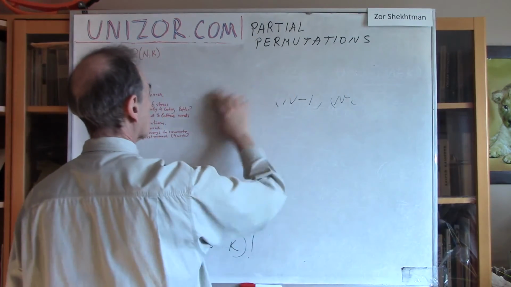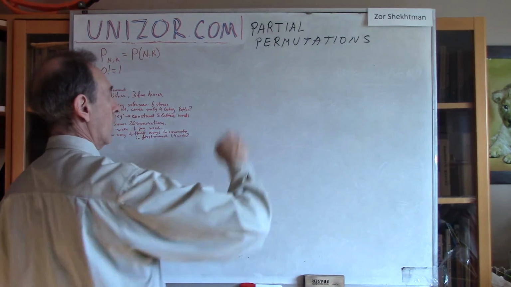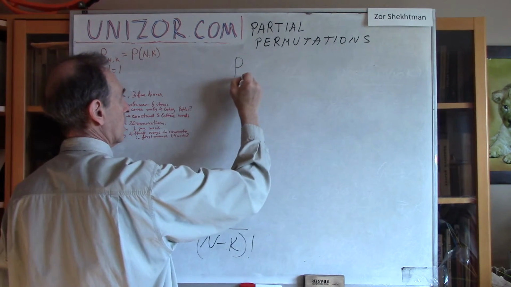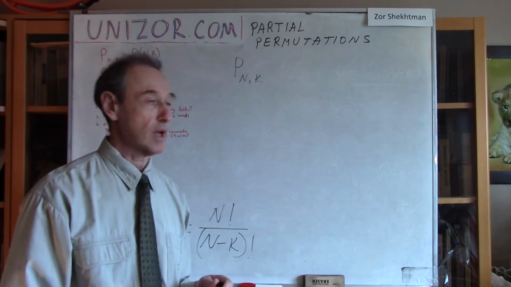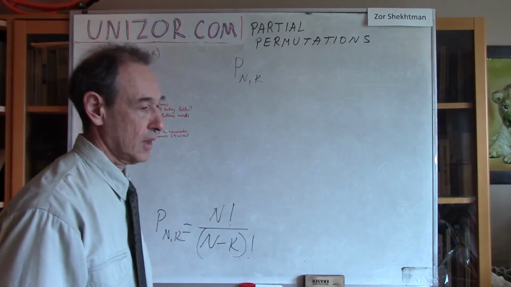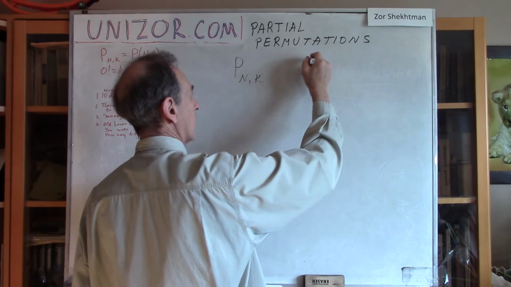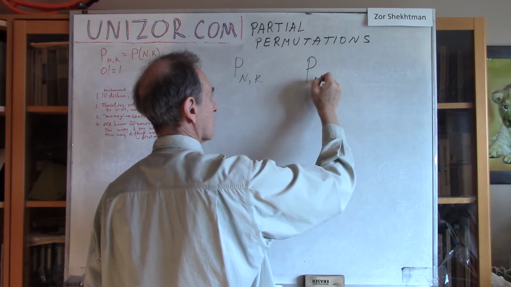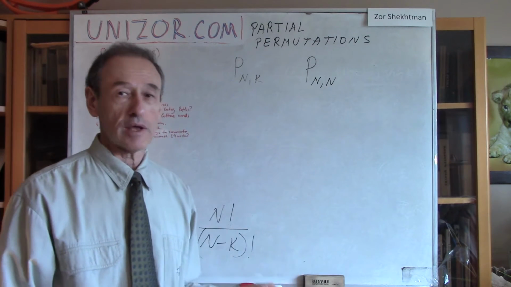So we are talking about partial permutations of k objects out of n, right? Now, if we are talking about partial permutations of n objects out of n, well, that's actually the regular permutations.